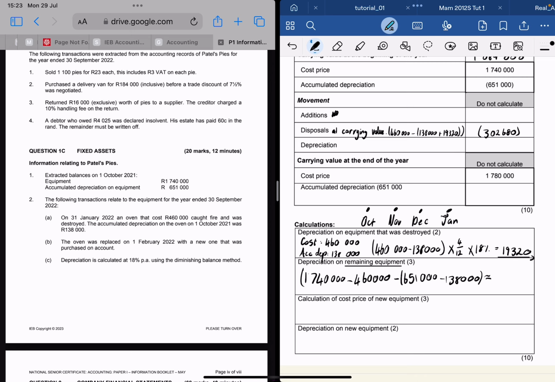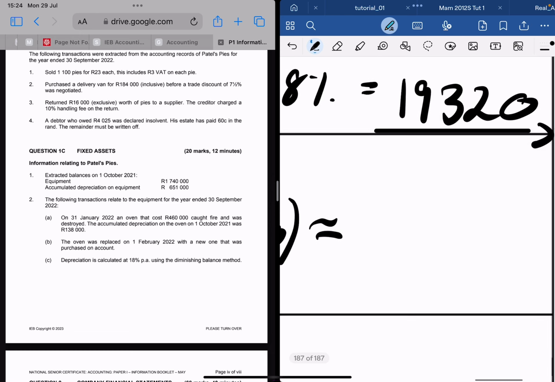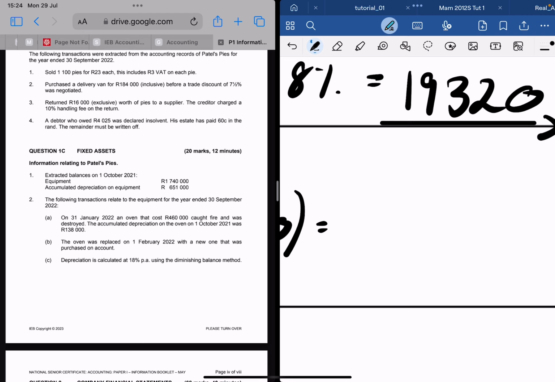Sorry, I think I've put it in my calculator here wrong. Minus 460,000 gets us to 767,123.